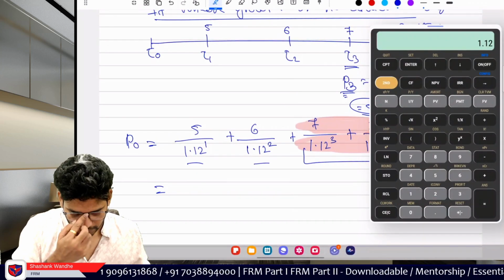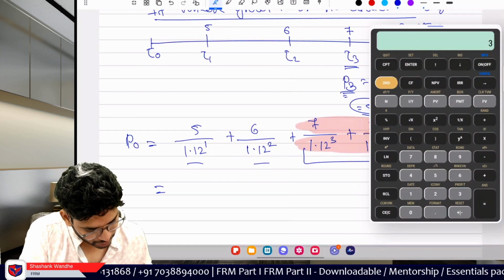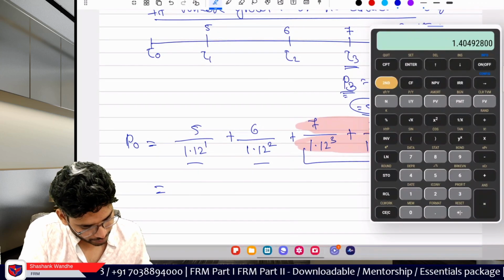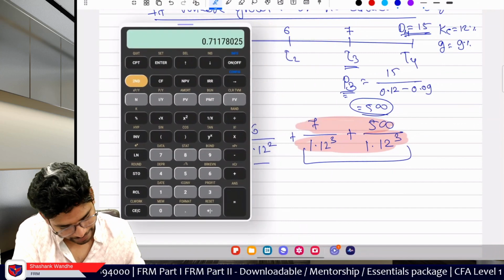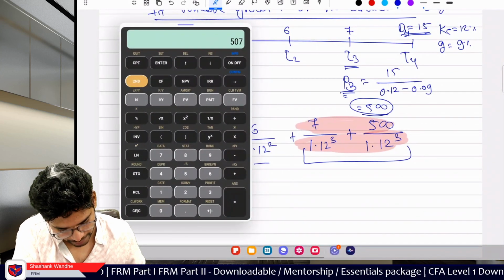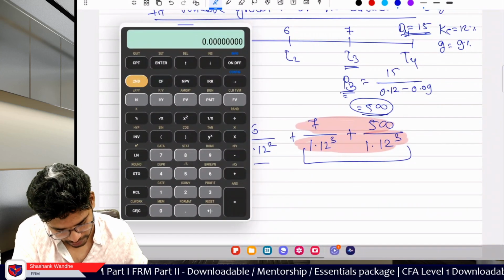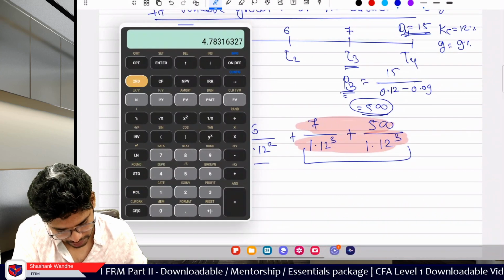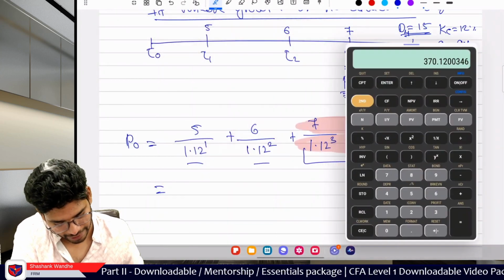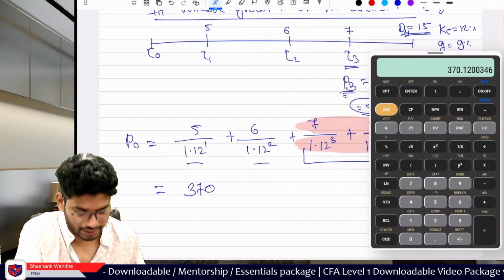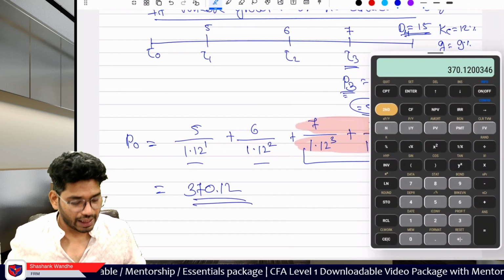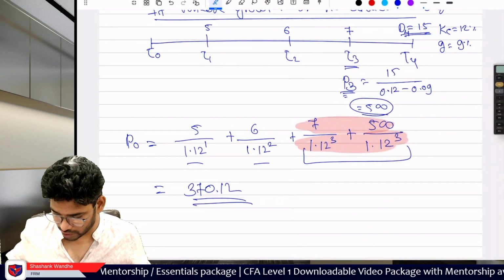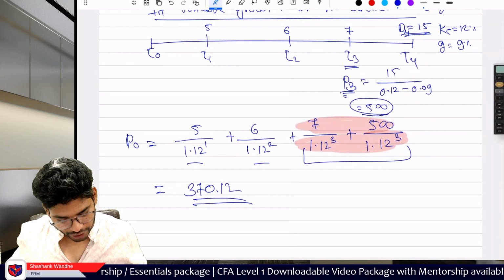Then 1.12, y to the power x, 3, whatever is the answer, take 1 by x, multiply it by 507. I am directly adding these two values. Whatever is the answer, store it in 3. So recall 1 plus recall 2 plus recall 3. So the answer is 370.12. Okay. So this will be the answer, right? So this is how it works. So just remember the calculation.